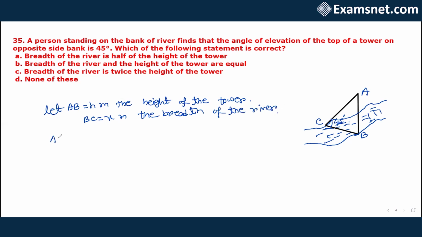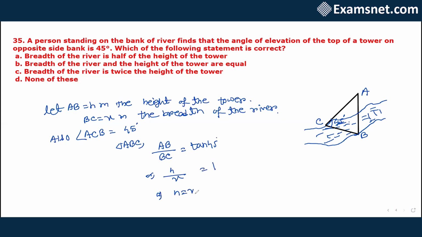Also it is given that angle ACB is 45°, right? Now, since ABC is a right angle triangle, from ABC we can write AB by BC equals tan 45°. After putting all those values, we can write h by x equals tan 45°, which gives us the value 1.